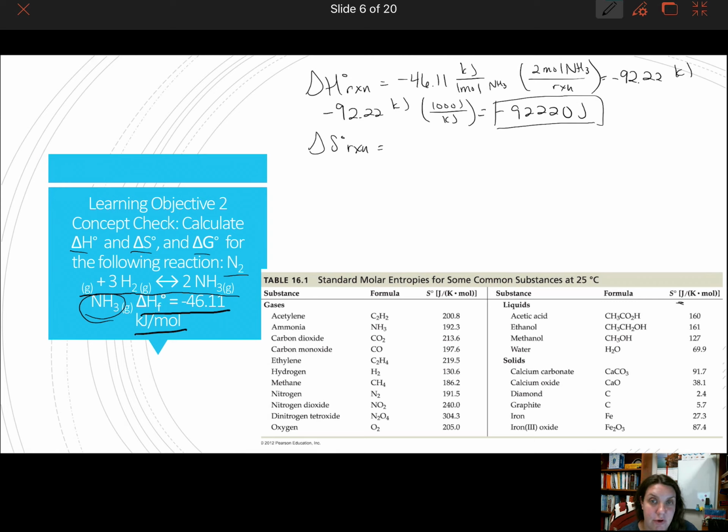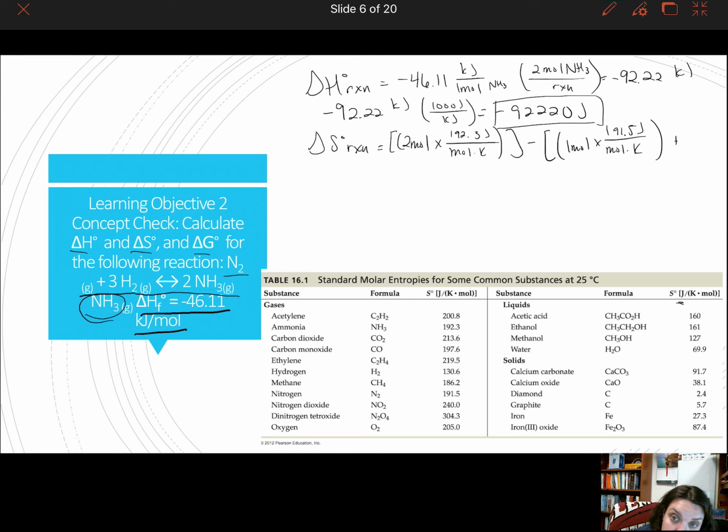Take our product entropies, subtract our reactant entropies, and what we get is 2 moles of our NH3 times its molar entropy, 192.3 joules per mole Kelvin, minus 1 mole for our N2 times its molar entropy, 191.5 joules per mole Kelvin, plus, sorry, 3 moles of our H2 times 130.6 joules per mole Kelvin.